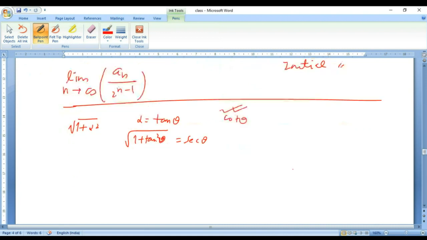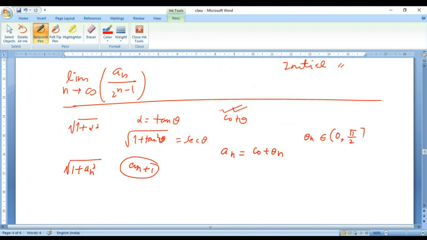So let me make the substitution, inspired by the term root 1 plus an squared in the definition of an plus 1. I will make the substitution an is cot of theta n, and let's take all theta n belongs to the interval 0 open to pi by 2 closed.